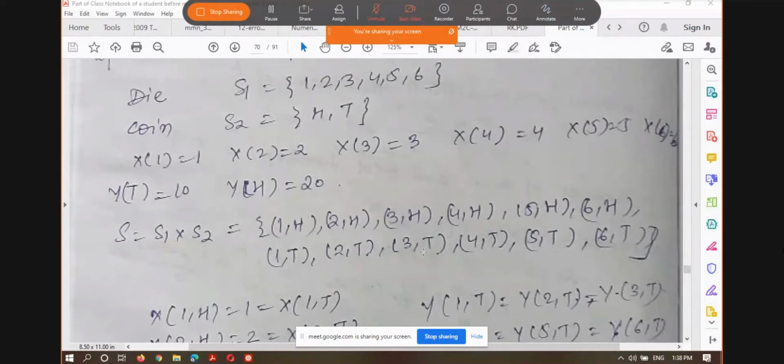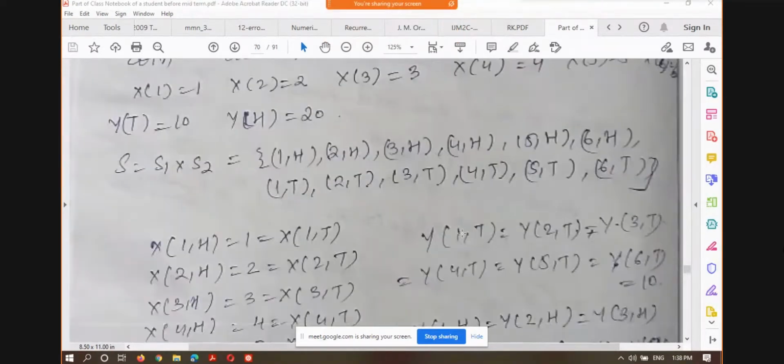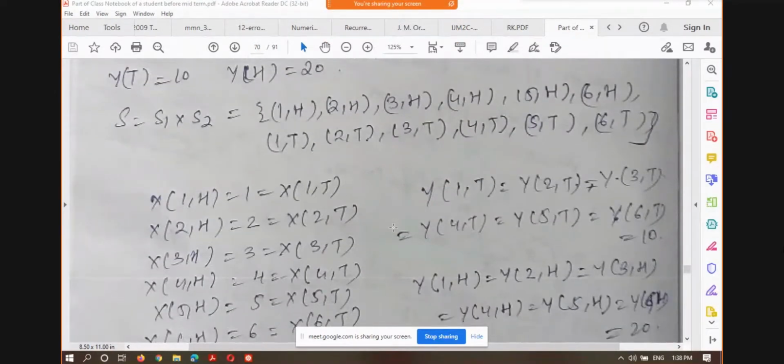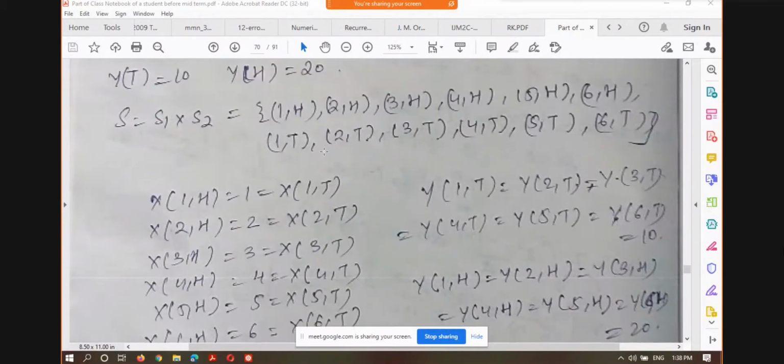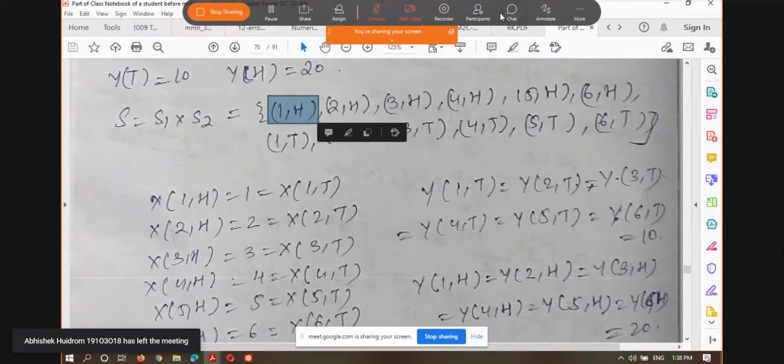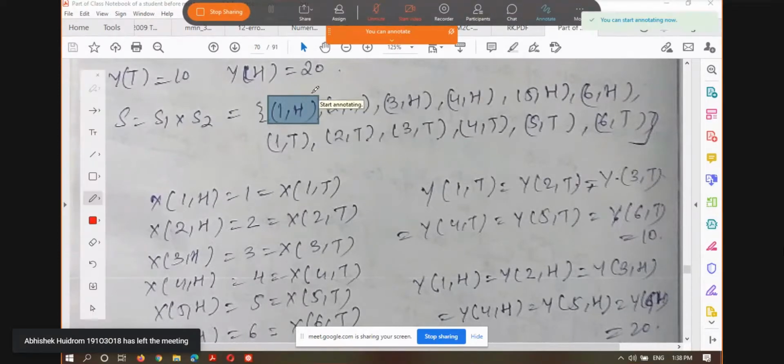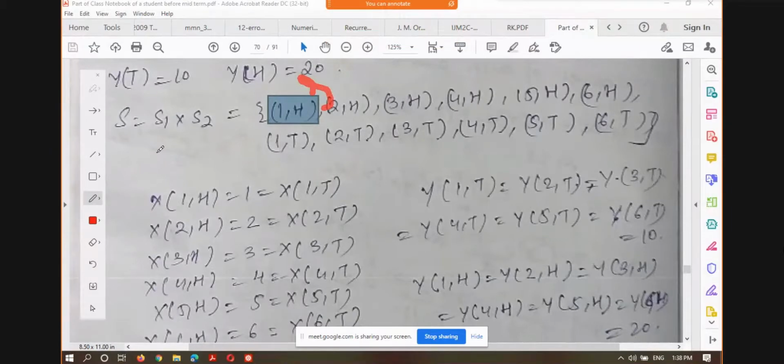Now this is a combined event. So how does X take values? Because we now have two random variables, the event is an element of capital S, and this is actually a small s, a sample point.